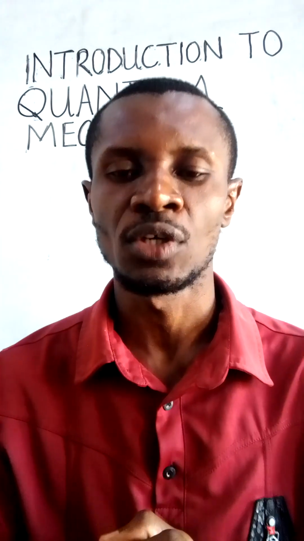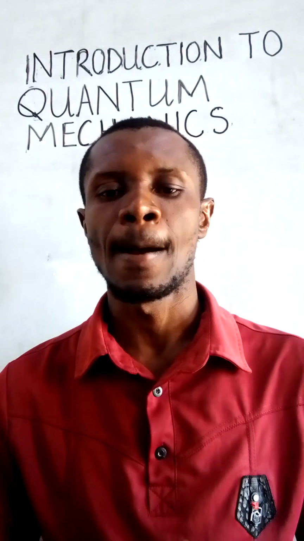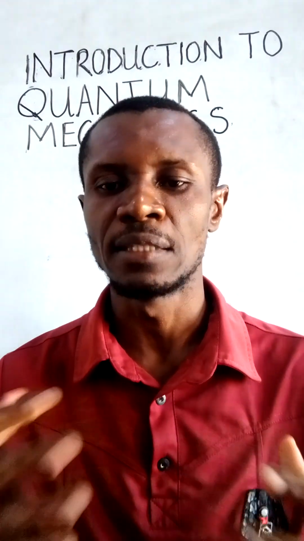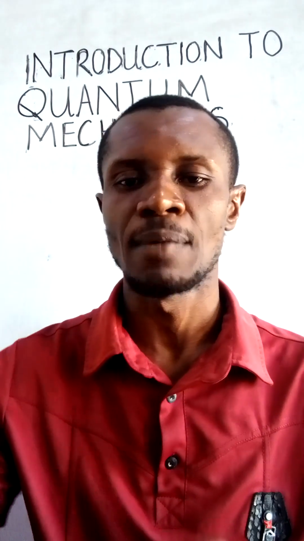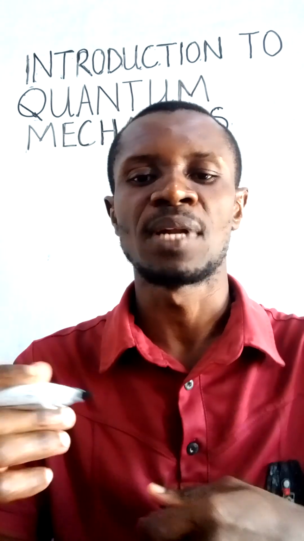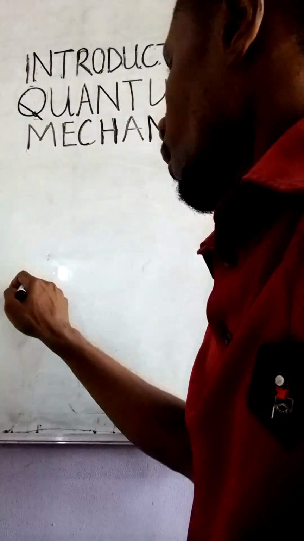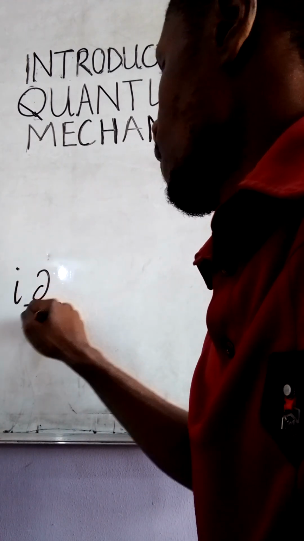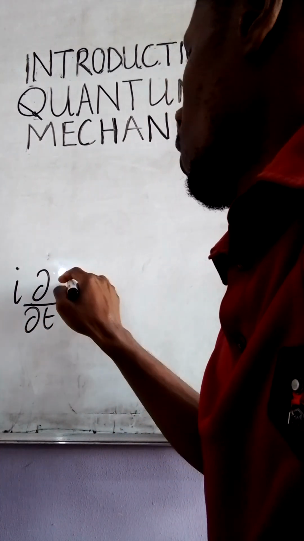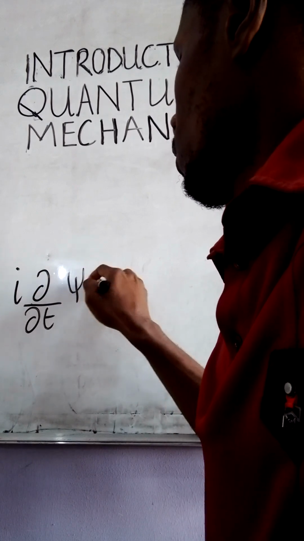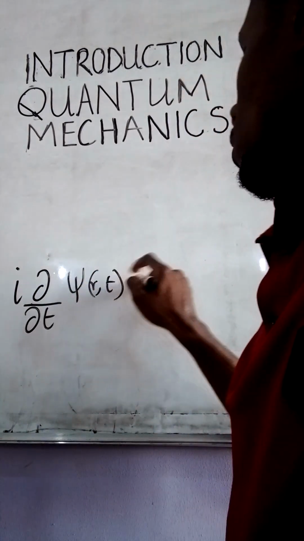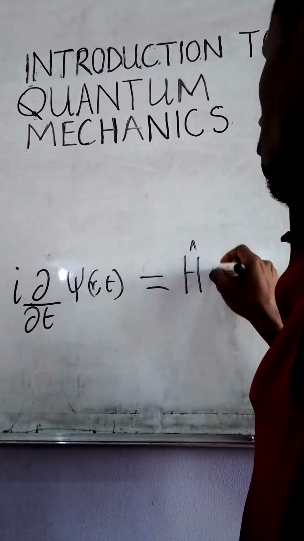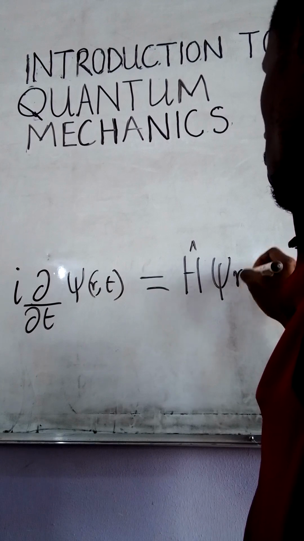The Schrödinger equation gives a simple mathematical formulation of quantum mechanics, and this equation can be stated in its simplest form as: i, then the first derivative with respect to time of the wave function, is equal to the Hamiltonian operator acting on the wave function.